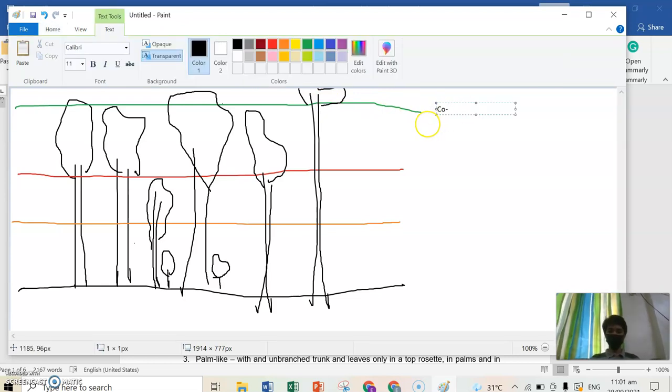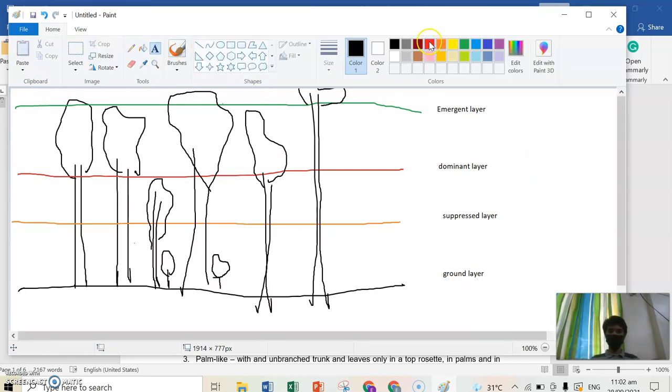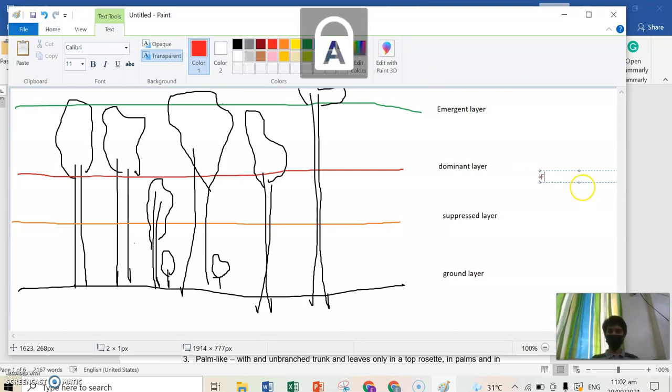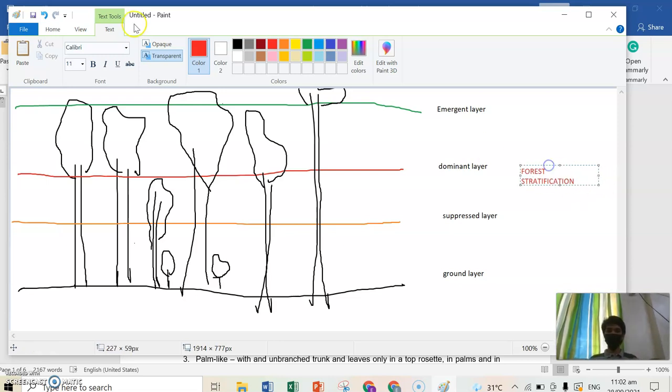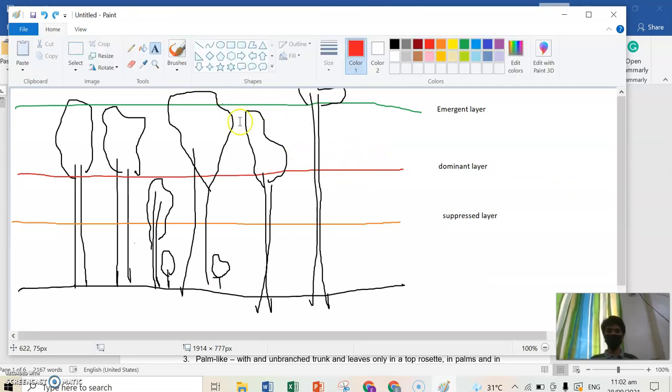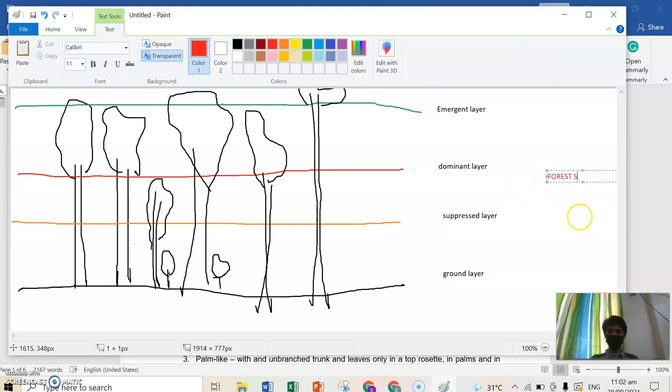This is the codominant layer, the emergent layer, sorry. Emergent layer, and then we have the dominant layer, then the suppressed layer, then the ground layer. This is forest stratification.